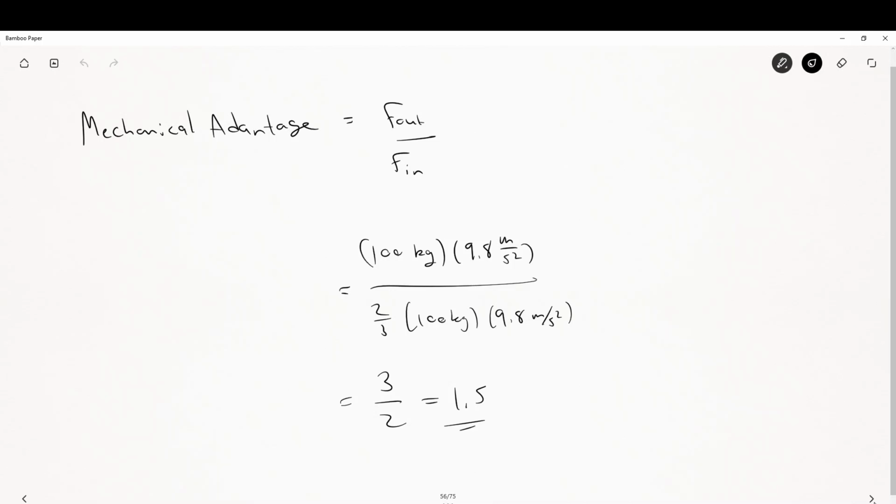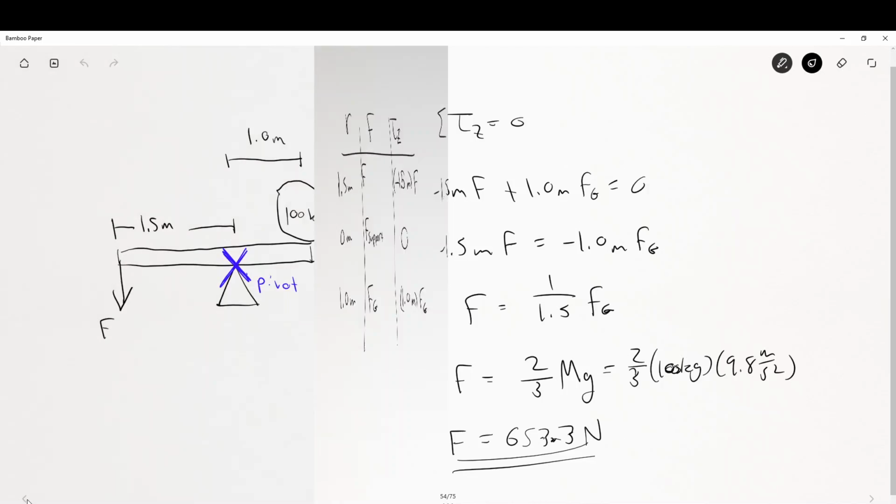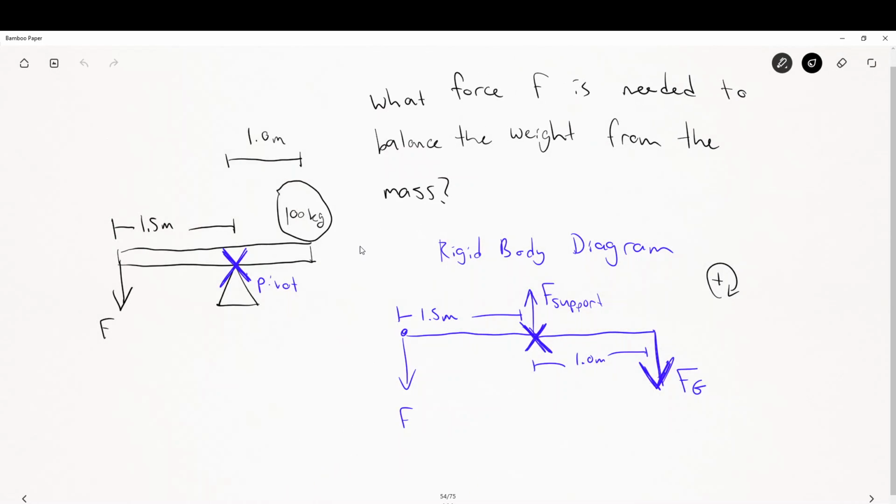So this is part of how we understand that force is not something that's conserved, it's something that's balanced. In particular, we can sometimes end up with these interesting situations where we put in a small number of newtons and support a large number of newtons. What's going on is, we could technically lift that mass off the ground using a very light force, but the lighter the force is, the bigger the length of the seesaw is going to be.